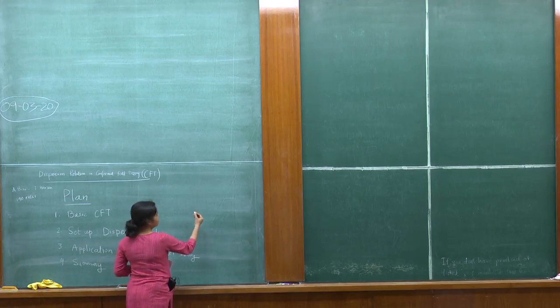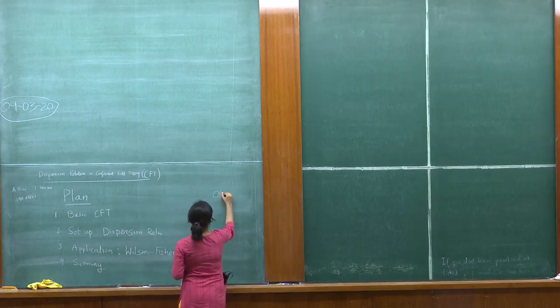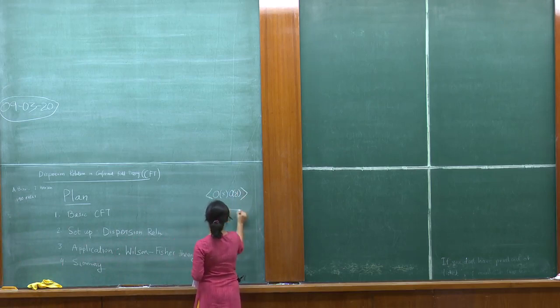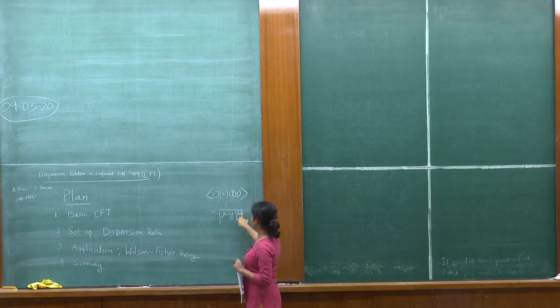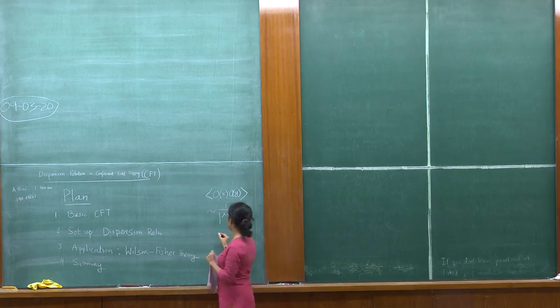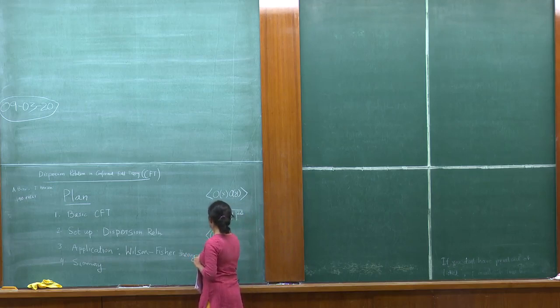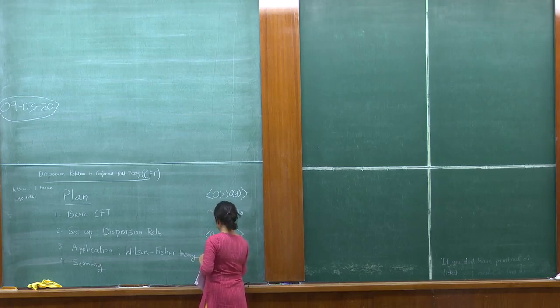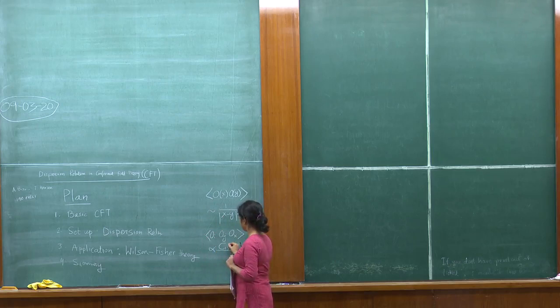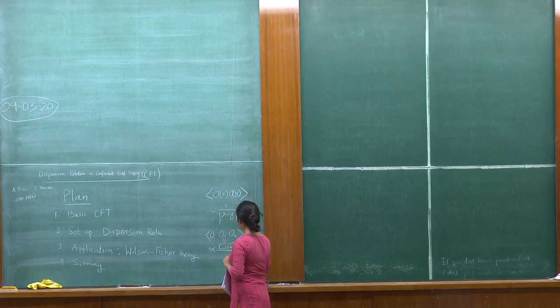So, suppose we have two operators O at x and O at y, then the 2-point function is fixed, and this delta is the scaling dimension of this operator, and for 3-point functions at operators at i, j and k, this is also fixed up to a number which is the OPE coefficient, the operator product expansion coefficient.